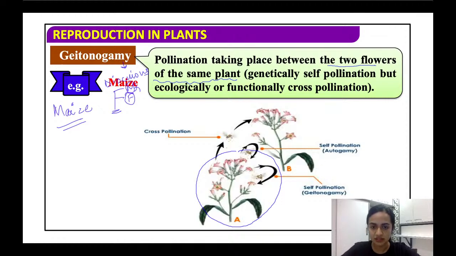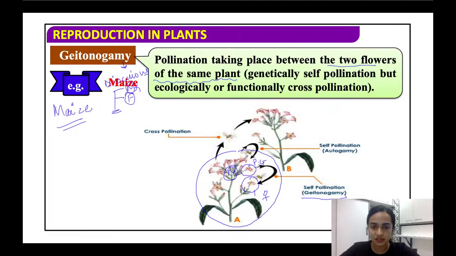Pollen is moving from this flower to this one, and both are on the same plant. So it is an example of geitonogamy, since two flowers are involved. This is contributing the male, the pollen grains will be transferred from here to this, the female. Clear? So this is geitonogamy.